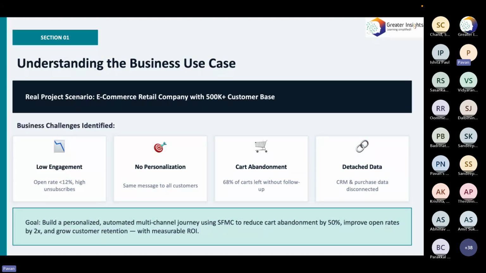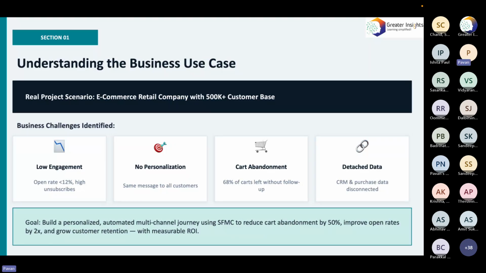Now this particular client, this particular business, had a lot of challenges in the beginning. One was low engagement. What do you mean by low engagement? Whatever customers he had, about 500K, we noticed that the engagement between the customer and the business was very low. There were no open communication channels. As a business, they were trying to engage with their customers, but the open rate was less than 12%.